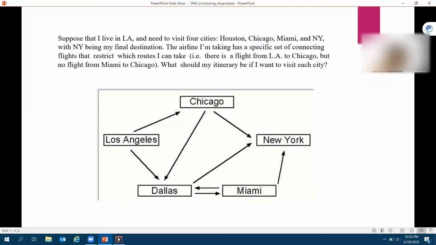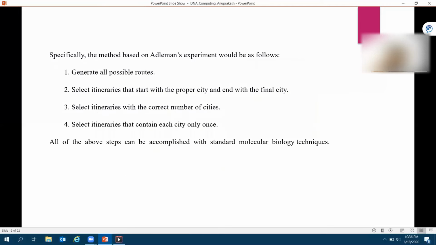There are five cities, and Los Angeles will be our starting point. New York will be our stop point, and we have to travel through all the cities exactly once. So, what would be the procedures to solve the problem according to DNA computing? The first one would be to generate all possible routes. The second would be to select itineraries that start with the proper city and end with the final city.